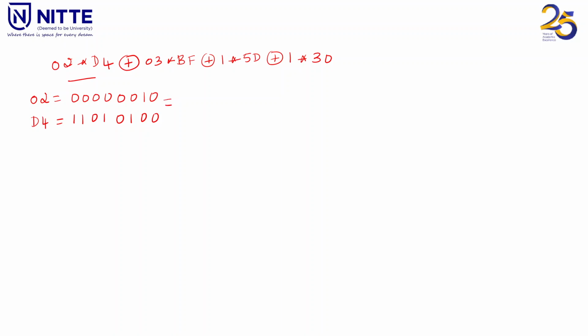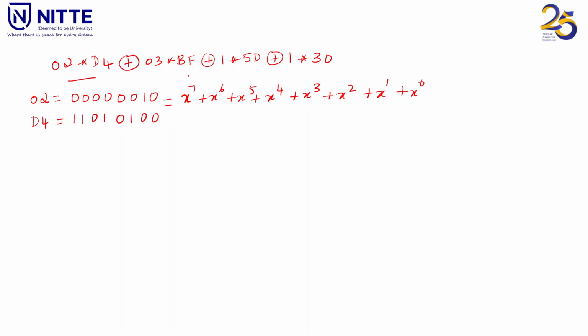So this I'm going to represent in the form of a polynomial function. So that is x to the power of 7, 6, 5, 4, 3, x to the power of 2, x to the power of 1, x to the power of 0.